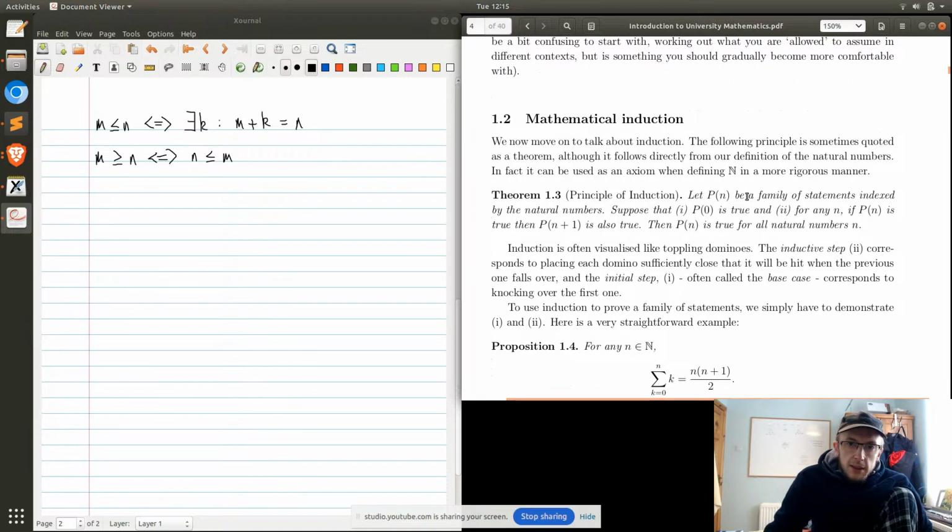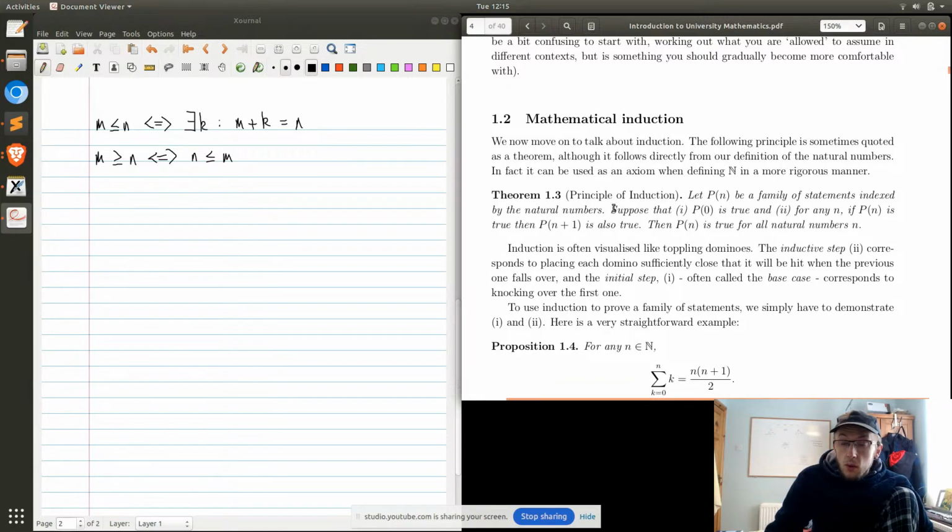Theorem 1.3, Principle of Induction. Let P of n be a family of statements indexed by the natural numbers. Suppose that P of 0 is true, and for any n, if P of n is true, then P of n plus 1 is also true.